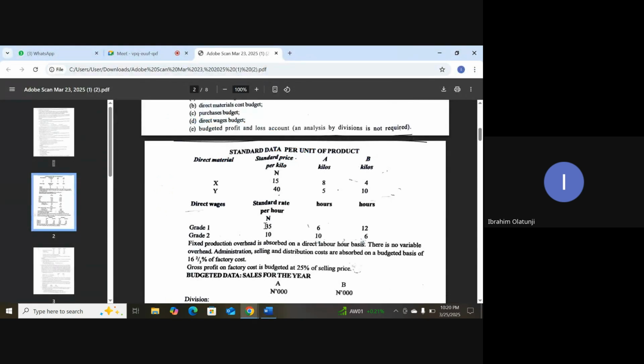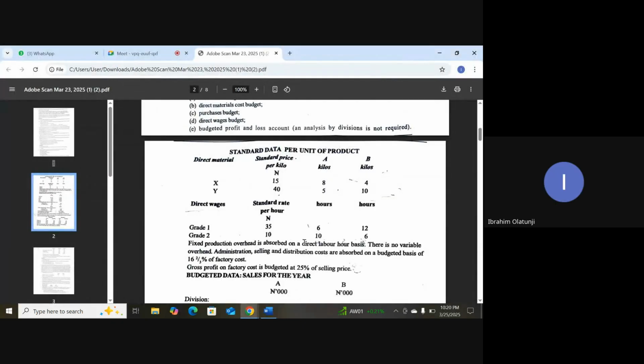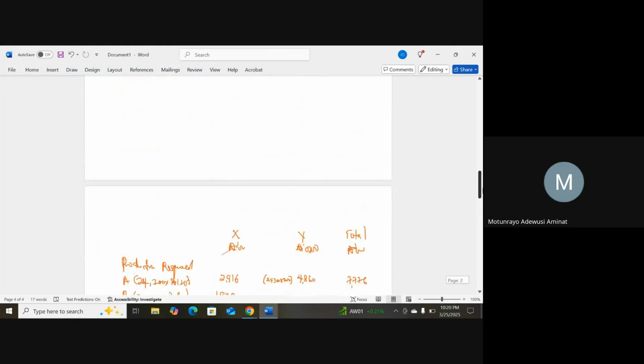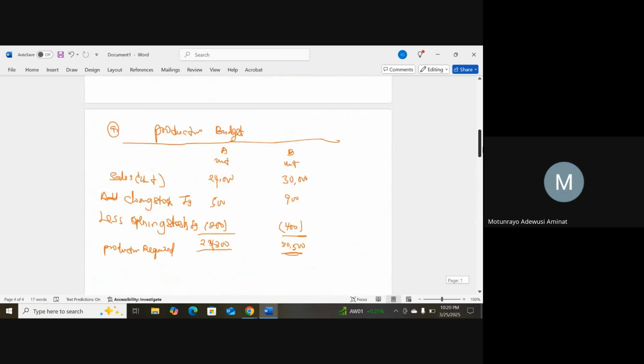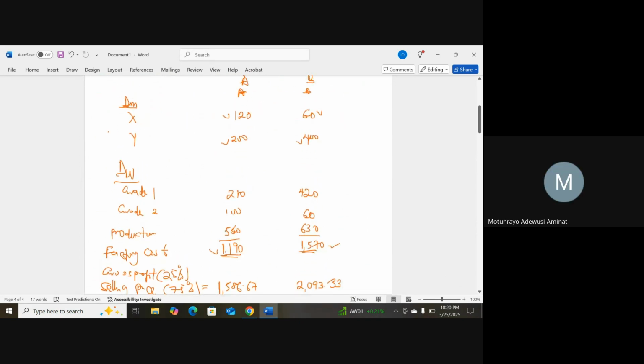So with 24,300, we go to our labor. How much are we paying there? We have already calculated that under our standard cost card. Let's check. Grade 1, we already computed that: 210.